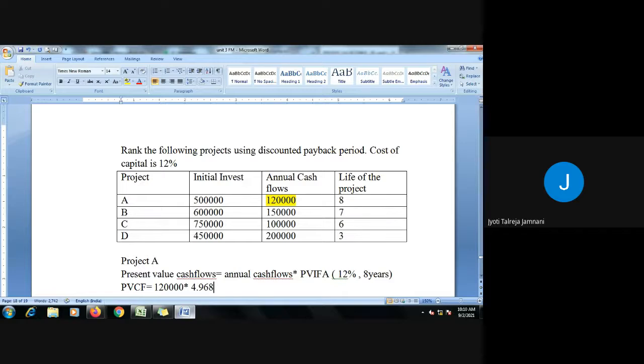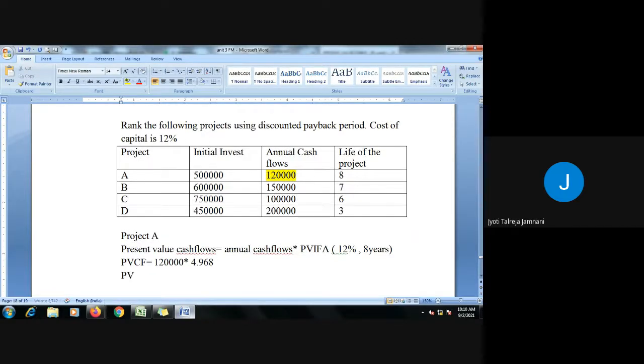Once we multiply 1,20,000 into 4.968, we get 5,96,160, which is the present value of cash flows.